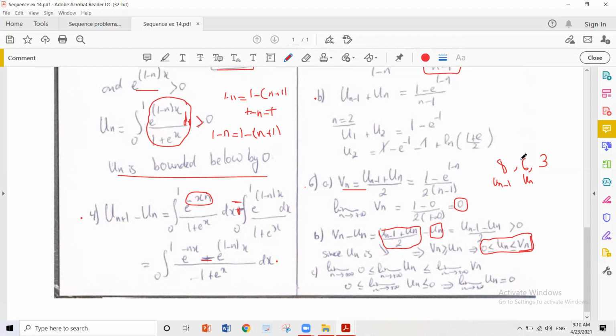We say un is a decreasing sequence, like 8, 6. All the terms are positive. un minus 1 minus un is a positive number for a decreasing sequence. For any decreasing sequence, un minus 1 is greater than un.